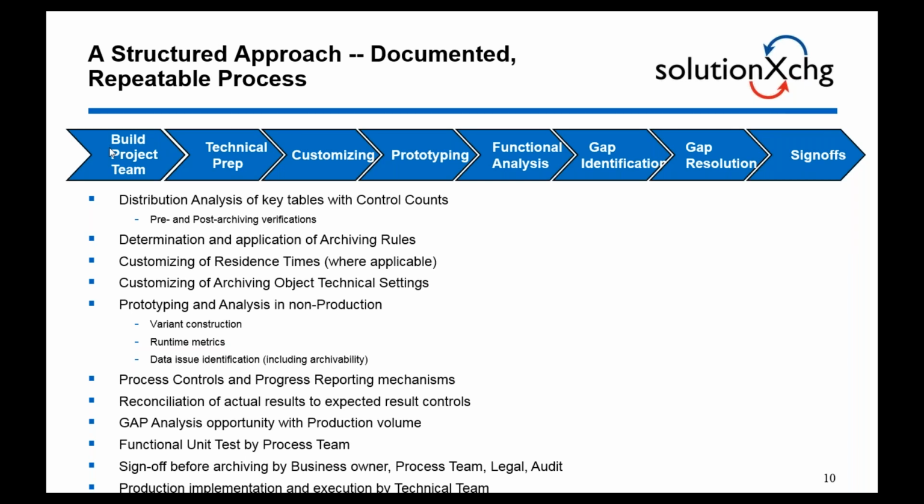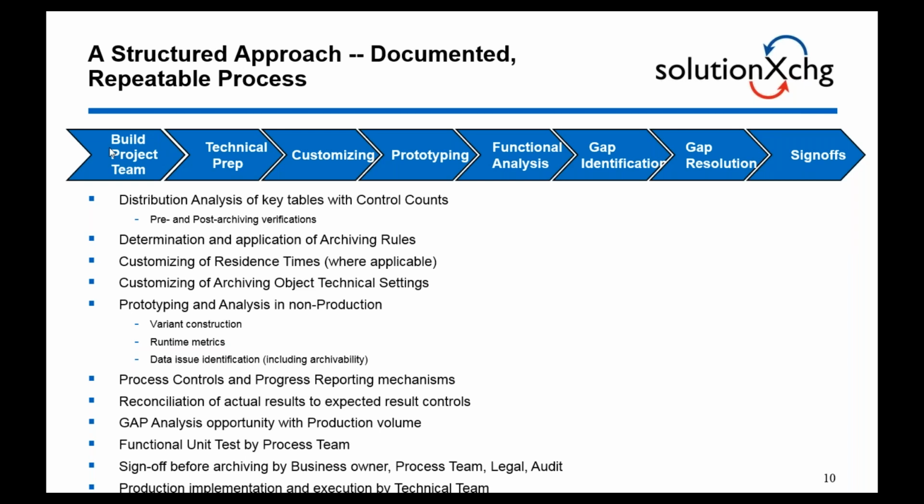So the key steps here, obviously, first, build a project team, technical preparation, customizing of the archive objects, and setting up the whole infrastructure where you're archiving the data, your backend storage, etc. Prototyping is an important phase that you would use for demo purposes to the client. You're going to determine runtime metrics, identify data quality issues, etc. in that prototype phase.